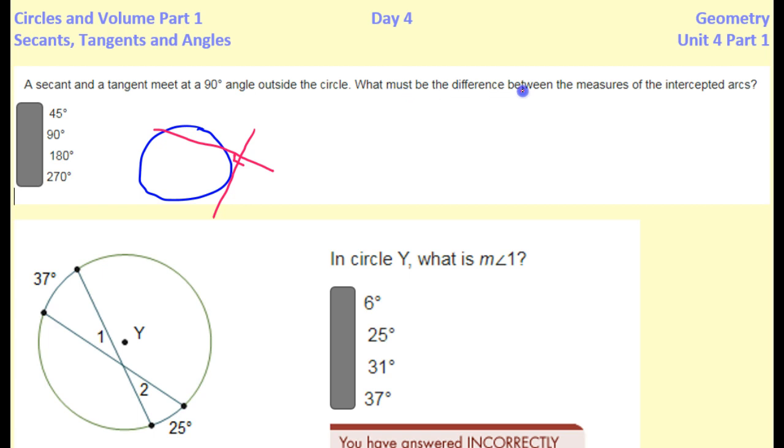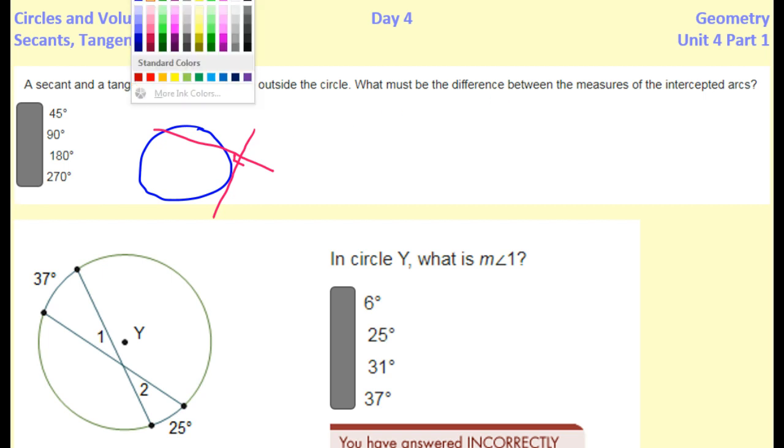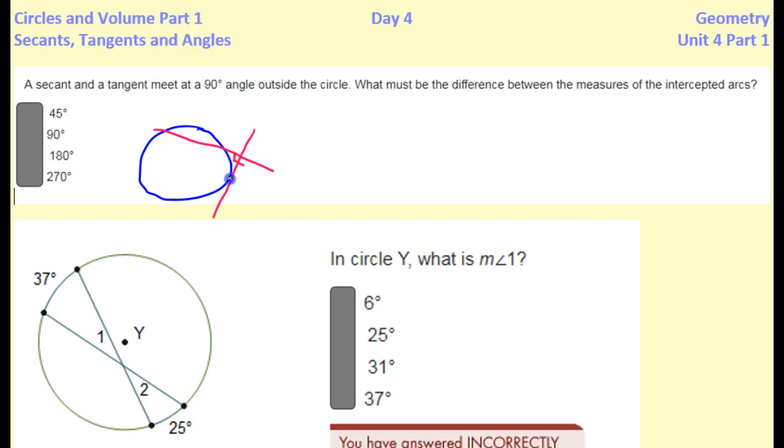What must be the difference between the measures of the intercepted arcs? So we've got these two intercepted arcs. The tangent touches right here, and so this arc stops right here. So this is one intercepted arc right here. Now the other intercepted arc goes from here all the way around to here. So let's call this x and let's call this y.